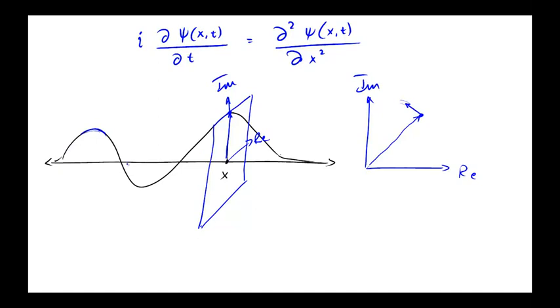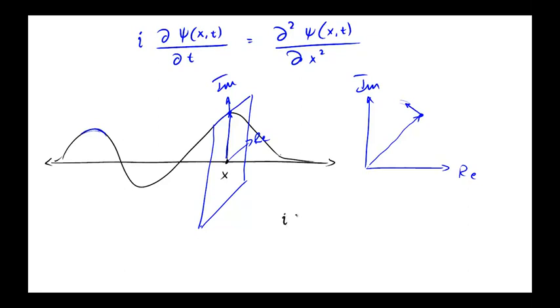Okay, so now, as I said, in this form of Schrödinger's equation I've been very sloppy. I've just ignored constants, signs, etc. If you want to see what Schrödinger's equation for a free particle really looks like, it looks like this.